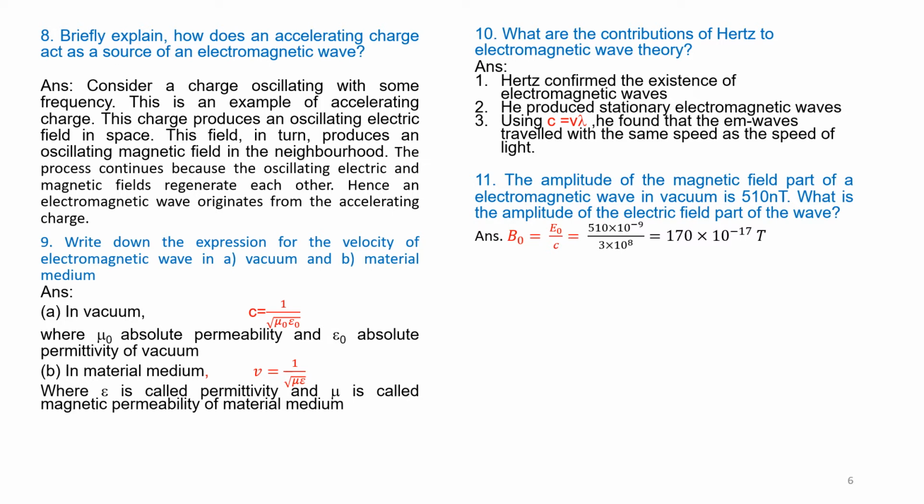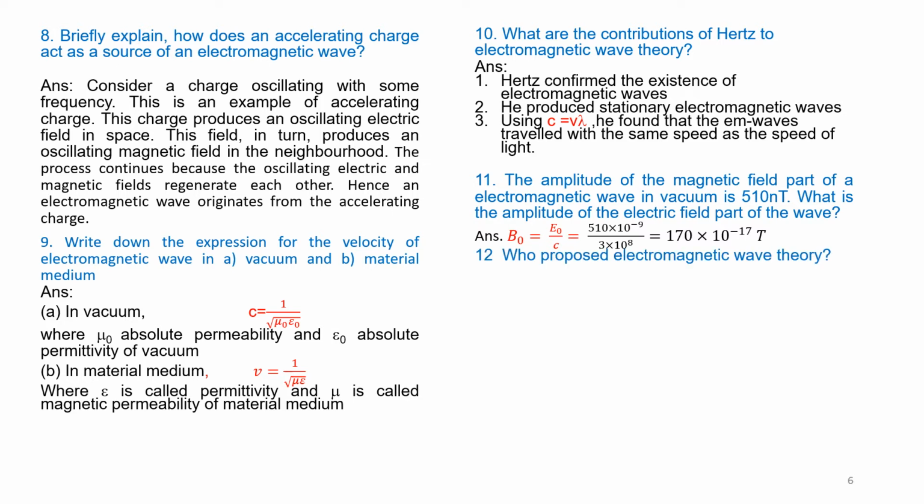The value of B naught is given as 510 nanotesla. Nano means 10 to the power of minus 9. Therefore, E naught is equal to 510 into 10 to the power of minus 9 divided by 3 into 10 to the power of 8. Simplifying, we get the value as 170 into 10 to the power of minus 17 tesla.